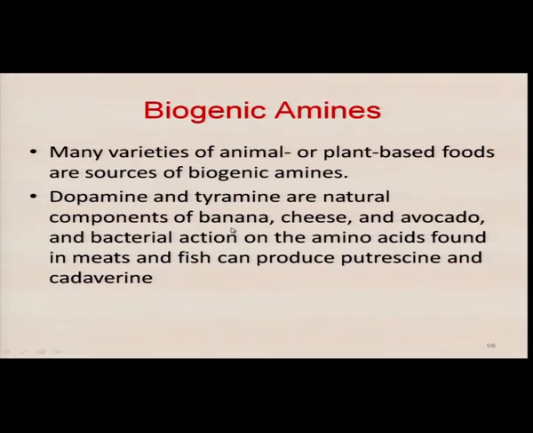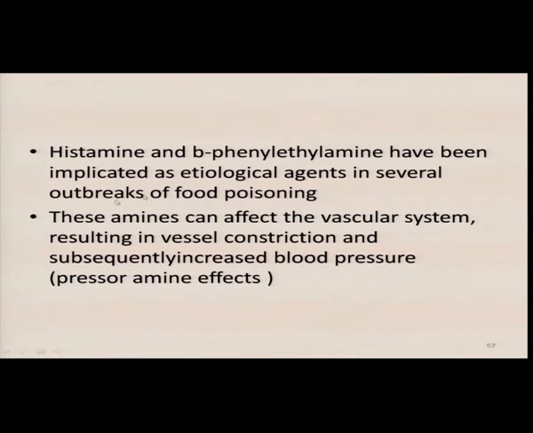These are some things which we have as a part of our diet. Then meat and fish, which are also consumed regularly, if bacteria act on the amino acids present in them, they will get converted into putrescine and cadaverine. Then you have histamine and beta-phenylethylamine. These two have been implicated as etiological agents in several outbreaks of food poisoning.